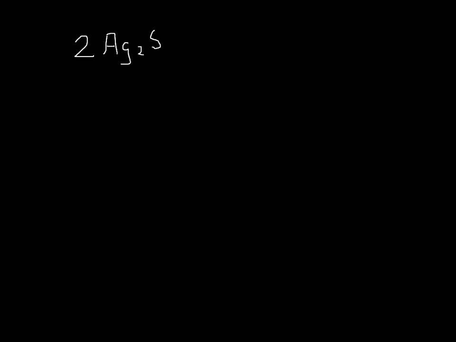Basically, all it says is that there are 2 silver sulfides. So if I were to draw it out, we would have a silver atom, and this 2 here shows us that there are actually 2 silver atoms and 1 sulfide atom in this molecule.